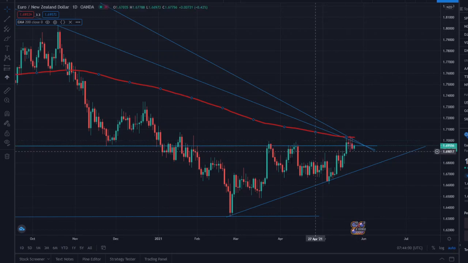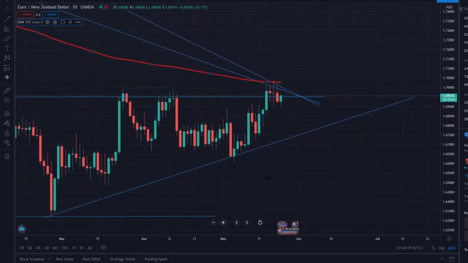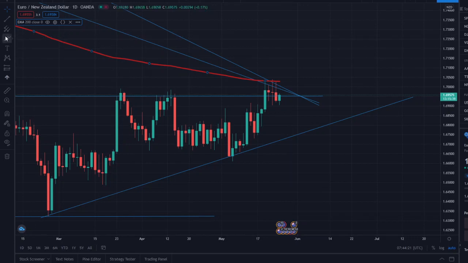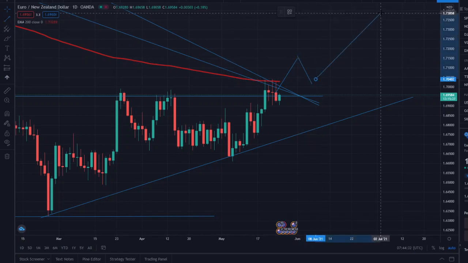So now you can see that we have been trading below the 200-day EMA, but currently it looks like we are trying somehow to break above it and maybe turn into a bullish trading pattern, which means we could potentially break out here, maybe retest the support line and then go much higher from there.